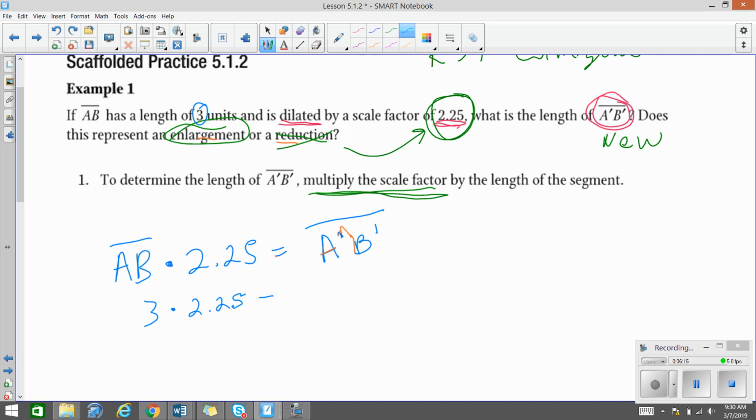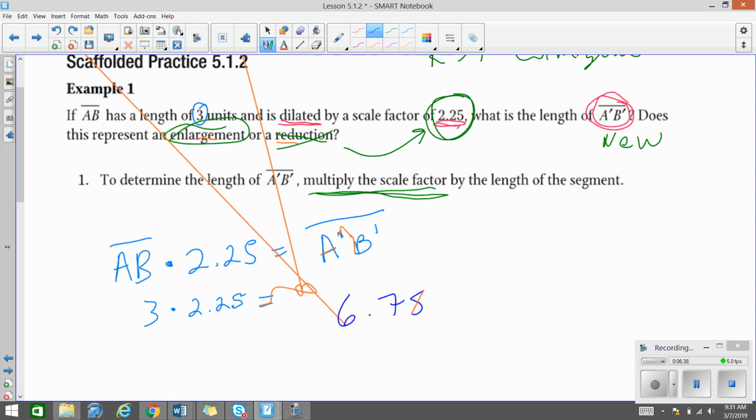In your calculator, you'll get 6.75. So that's the measurement of A prime, B prime.